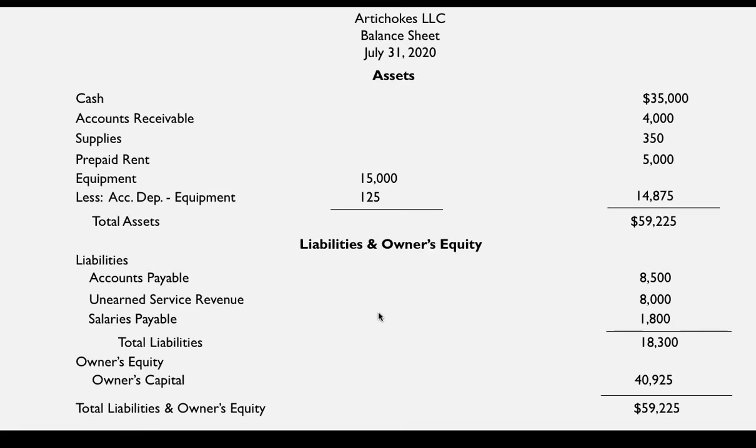So there shouldn't be too much worry into making sure that everything equals. It will happen if you've done all the other steps correctly. So, your total assets equals your total liabilities and owner's equity. You've prepared a balance sheet. So you have now completed the financial statements that you need to make in this problem.